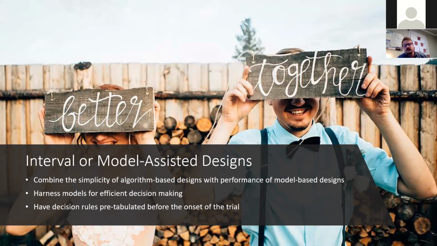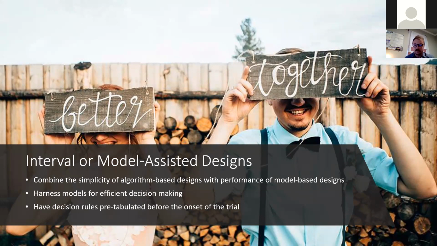Some examples of these model-assisted designs include the modified toxicity probability interval, which is the mTPI, its variation, the mTPI-2, the Bayesian optimal interval design called the BOIN, the keyboard design, and then a bunch of other combinations thereafter.